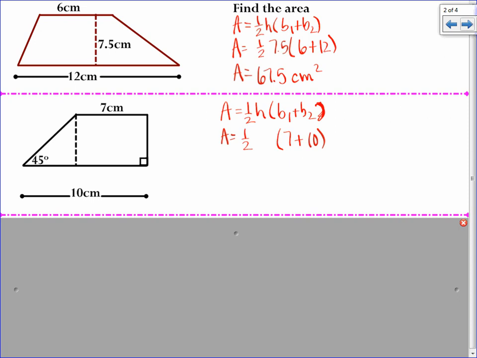Okay, so let's think about this. We know that this entire base on the bottom is 10. How far is it from here to here? If you look up above here, it's a rectangle, so we've got 7 right there. Which means what number is over here? Has to be 3, because the whole thing on the bottom is 10.